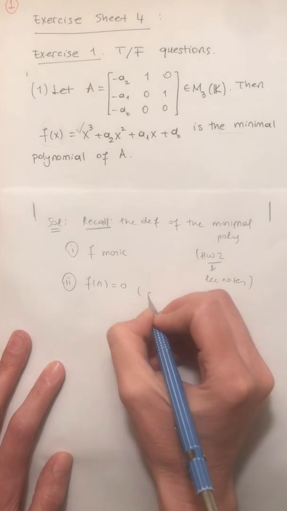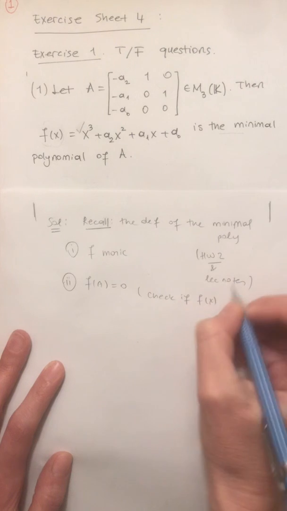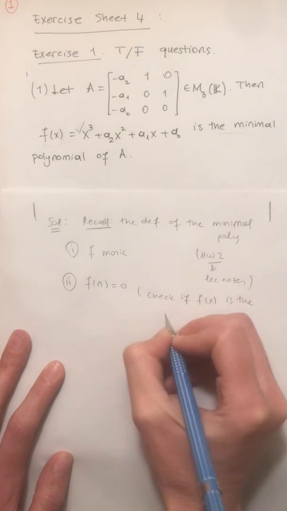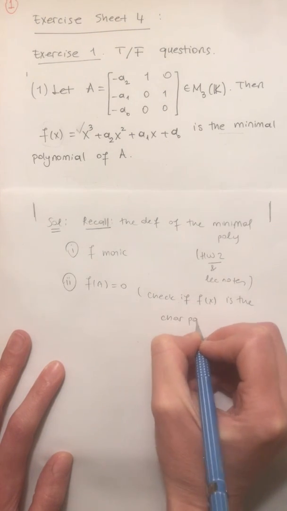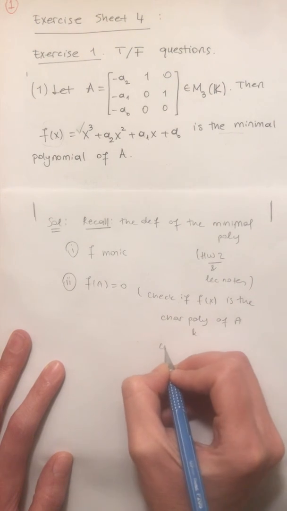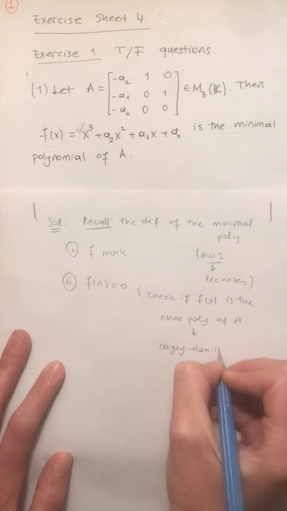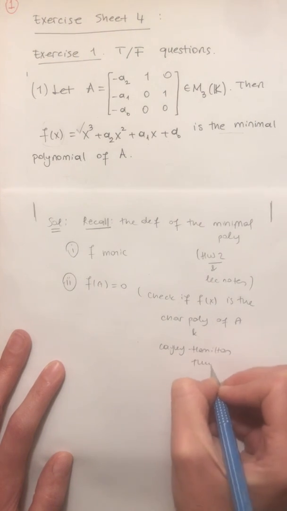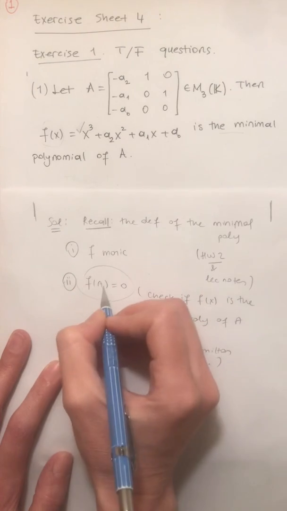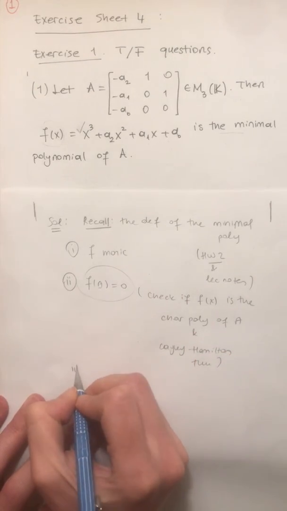Yes, this is also true because we can easily see that f of x is the characteristic polynomial of a, and by the Cayley-Hamilton theorem, we always have that a is a root of f, its characteristic polynomial.